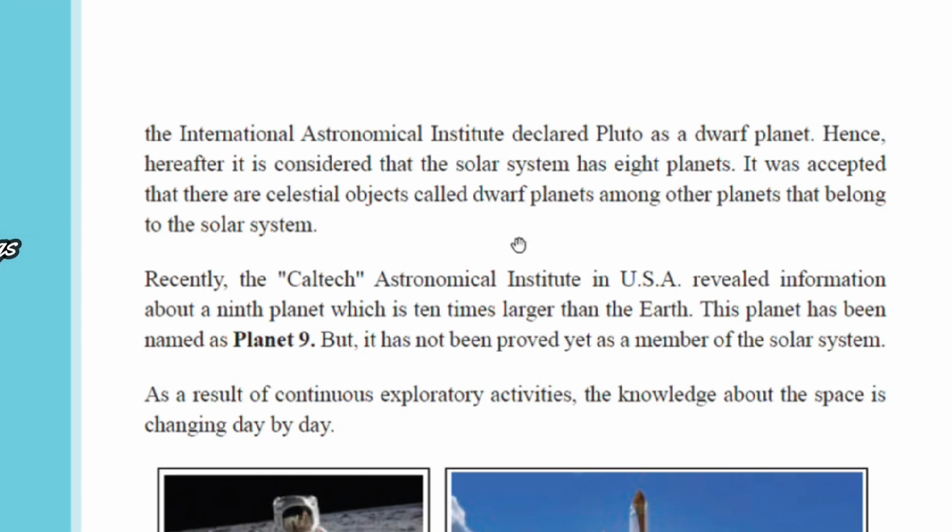It was accepted that there are celestial objects called dwarf planets among the other planets that belong to the solar system.